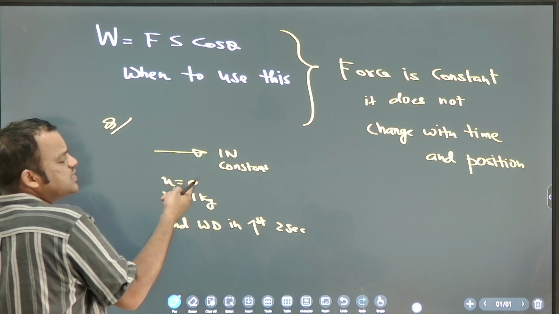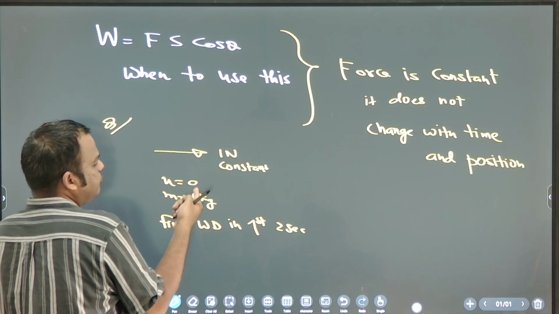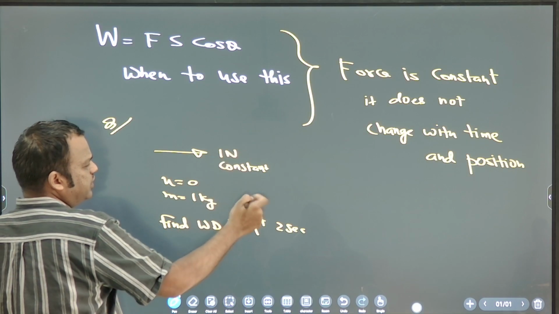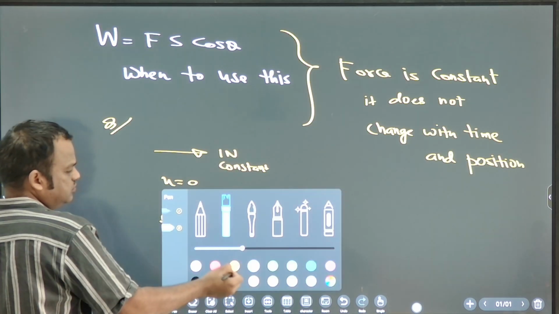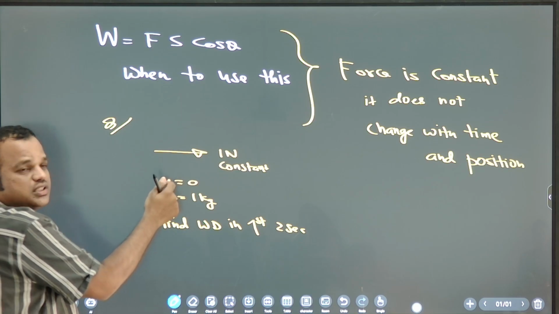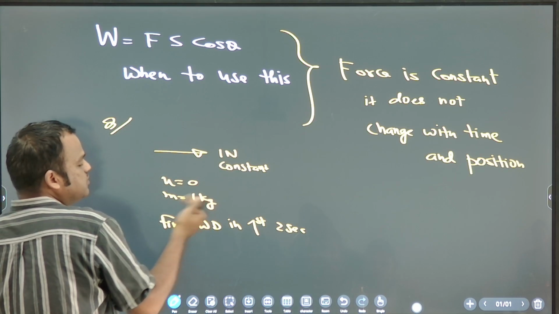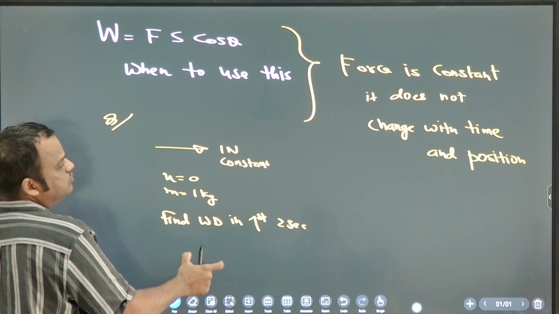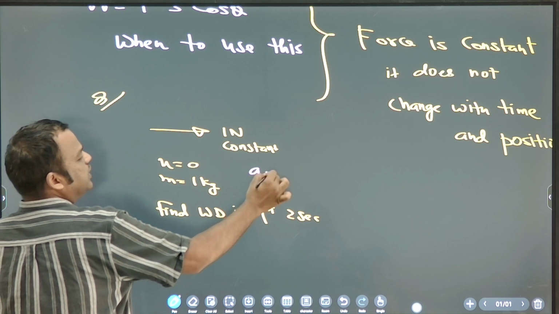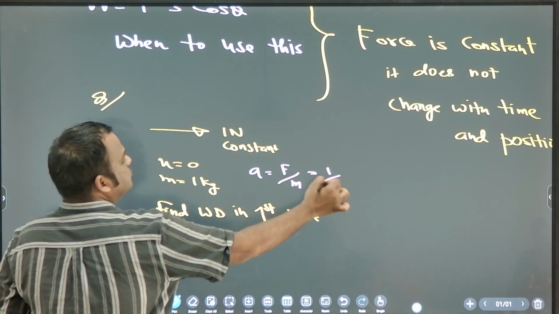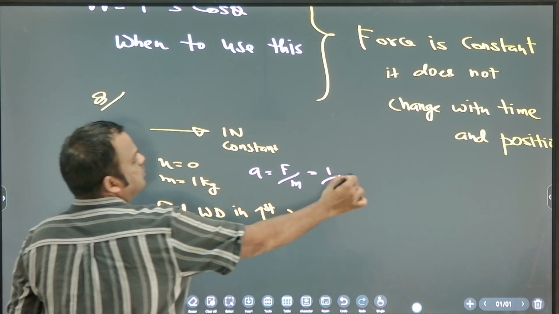Initially at rest, mass is 1 kg, force is constant 1 Newton. Read the question carefully. First you calculate acceleration: F by m, 1 by 1, acceleration 1.